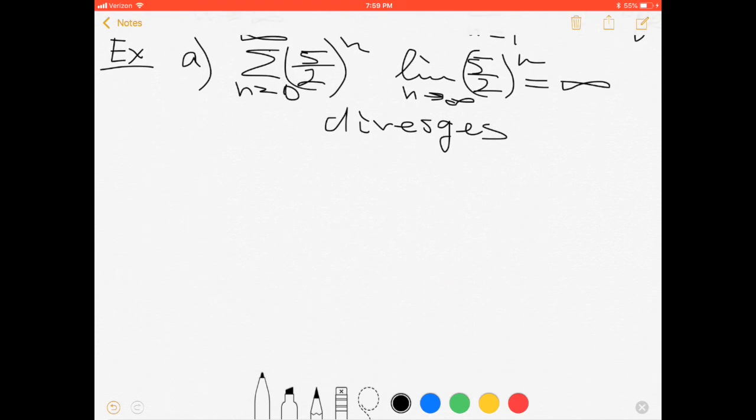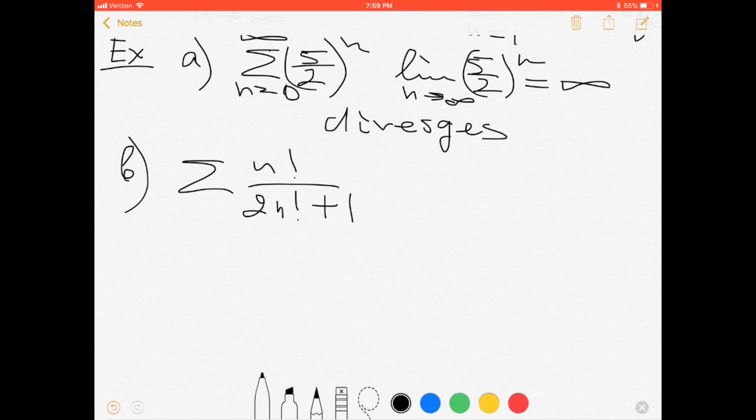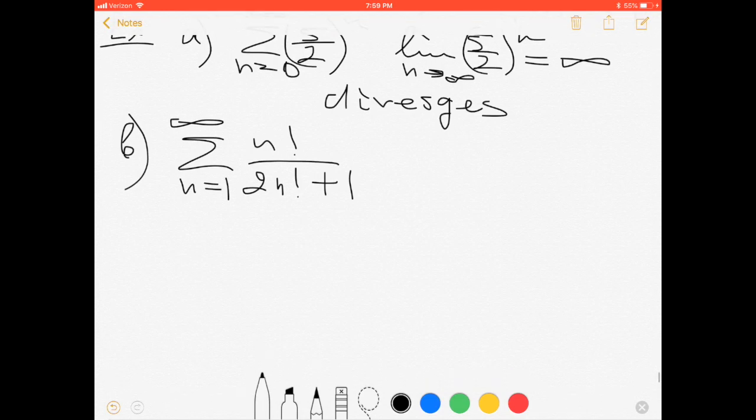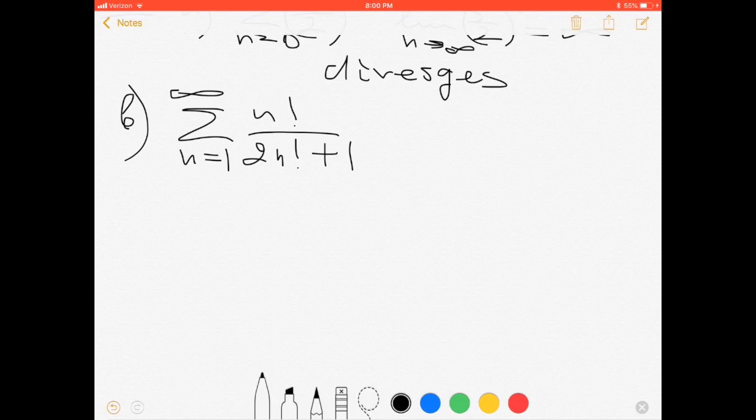Okay, looking at one more example. This first one you can solve in two different ways, but what about the second one? We have the series n factorial over 2 times n factorial plus 1, starting from 1 to infinity. This is not a geometric series, this is not a telescoping series, so we need to use only this fact.